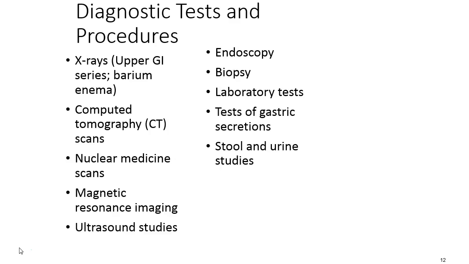Testing of gastric secretions, we can look at if there's blood in the secretions. We can see what the acidity is of the gastric secretions. And then for stool and urine studies, we can do cultures, we can do white blood cell tests, we can check for blood and that type of thing.